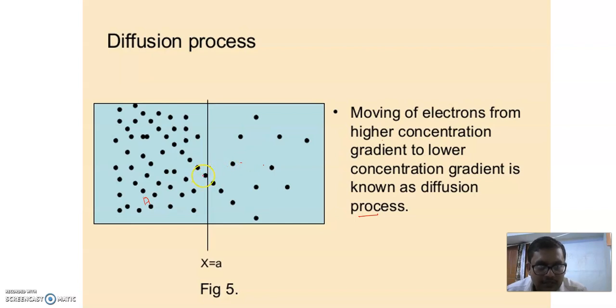So that process is called diffusion process, and flow of current due to the diffusion process is called diffusion current. So we will see drift current and diffusion current. So drift current is due to the external applied electric field, and diffusion current is due to the concentration gradient of the charge.